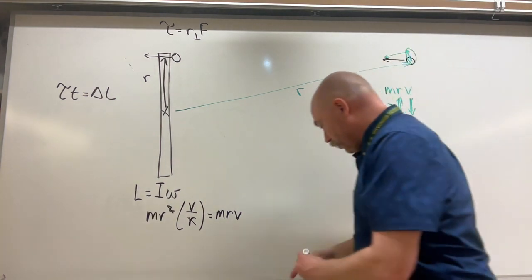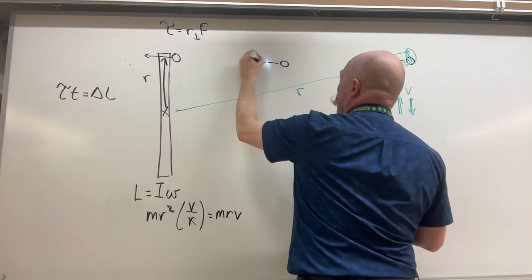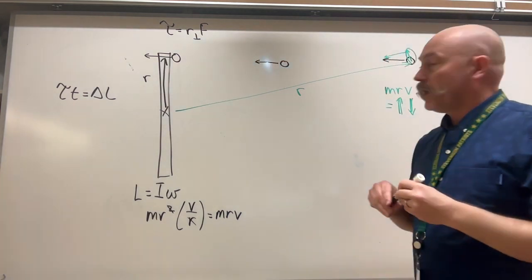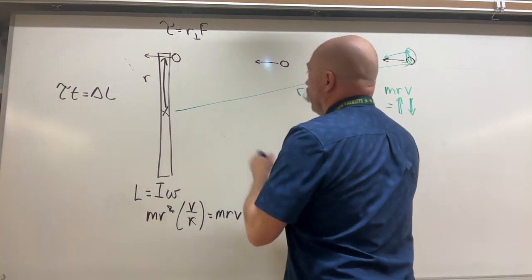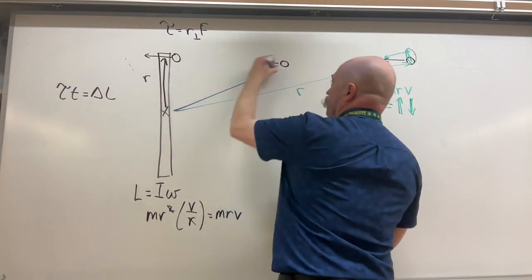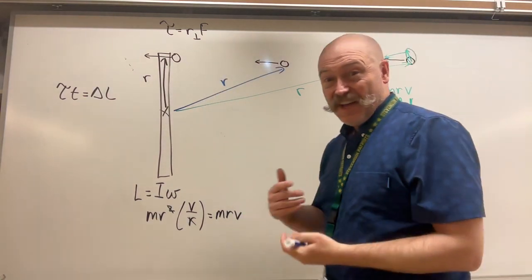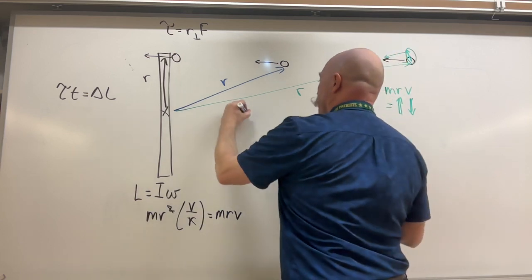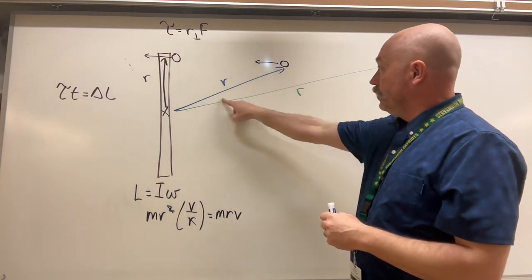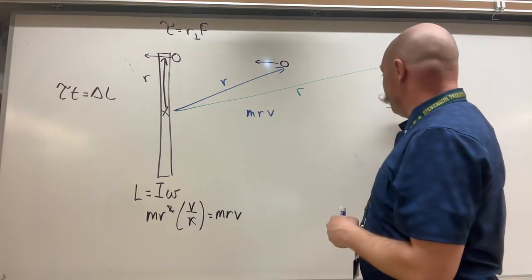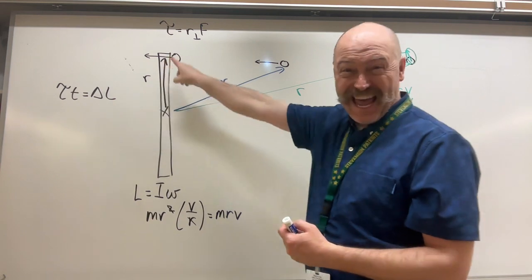If I was to draw it, let's say right here, again, the angular momentum right here has to be the same as there and there. If I was to draw in my lever arm, there it is. If I do the same process, well, I have mRV, and again this R is not as big as the green one, but bigger than the black one.